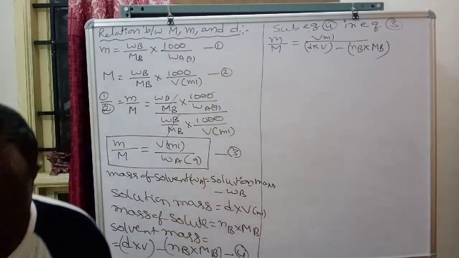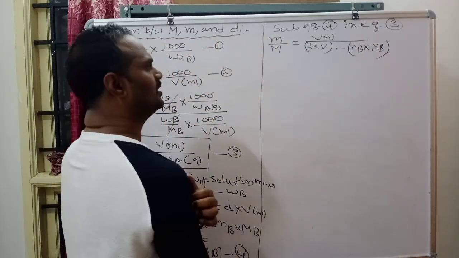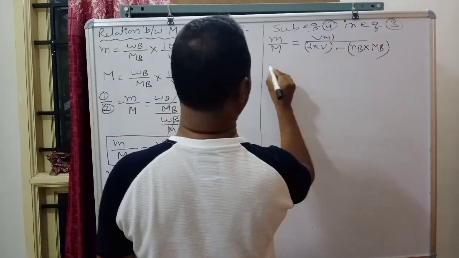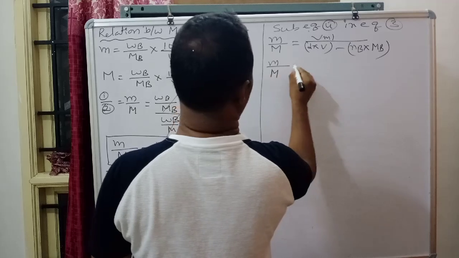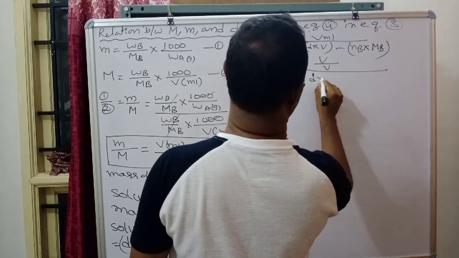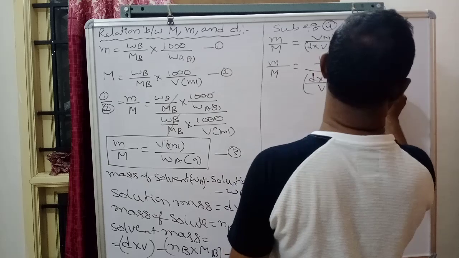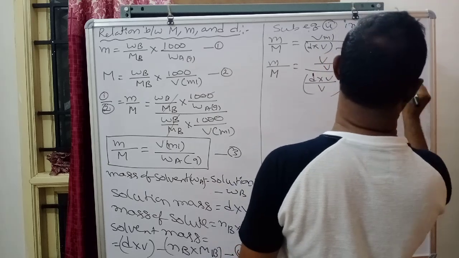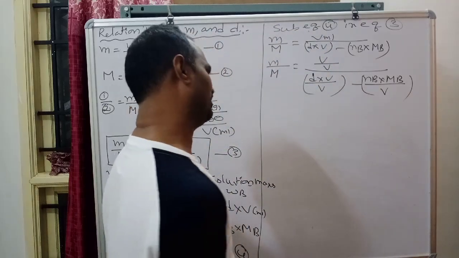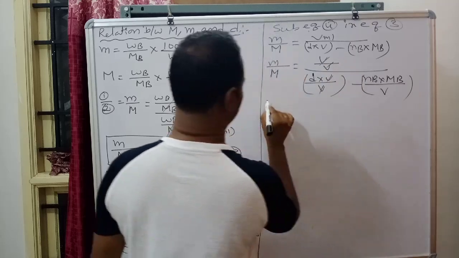For this equation, divide numerator and denominator both by V. We get V by V in the numerator and D into V by V minus NB into MB by V in the denominator. The V by V cancels, and the others cancel too.